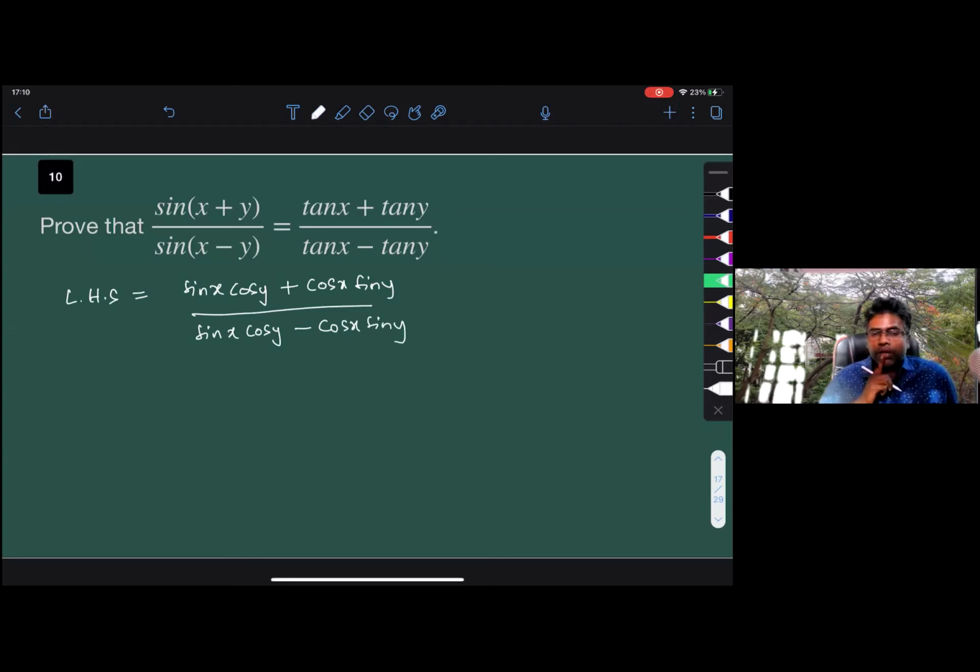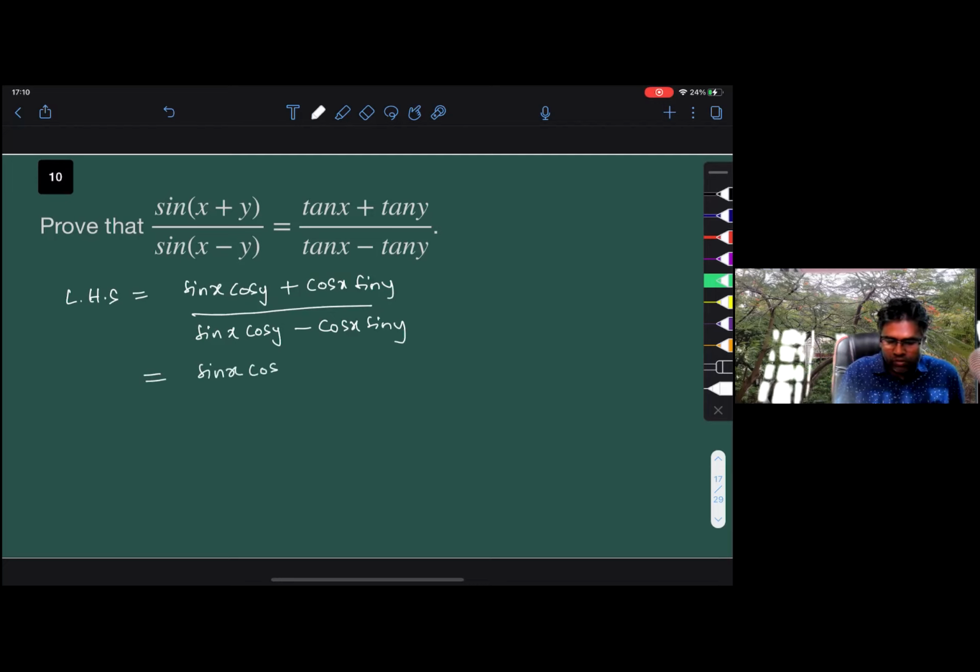Now, after this, you want to convert this into tan. So divide both numerator and denominator by cos x into cos y.